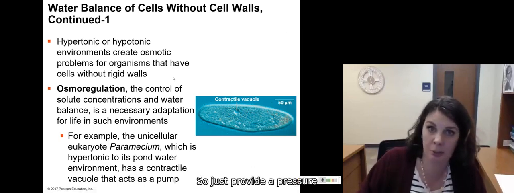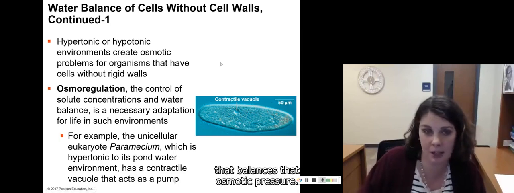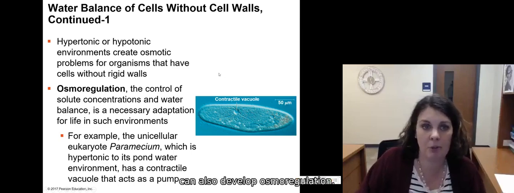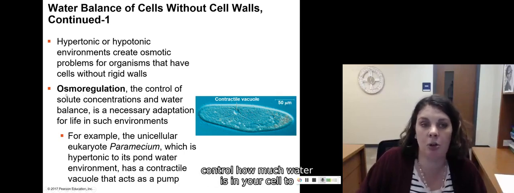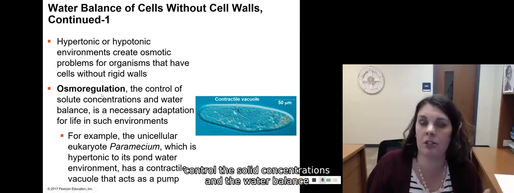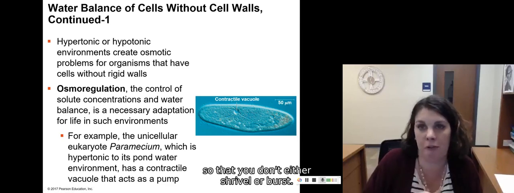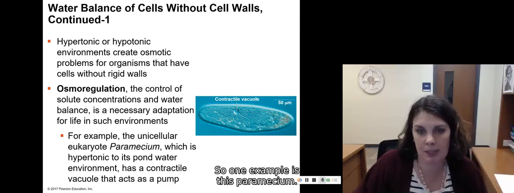One way is with rigid cell walls that will just provide a pressure that balances that osmotic pressure. But things without cell walls can also develop osmoregulation. Osmoregulation is the ability to control how much water is in your cell, to control the solute concentrations and the water balance so that you don't either shrivel or burst.